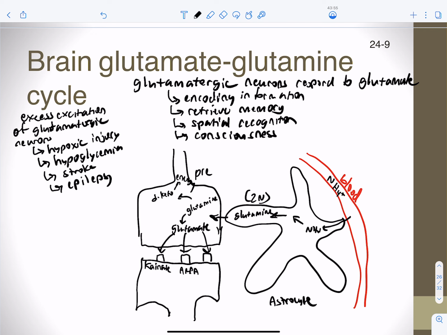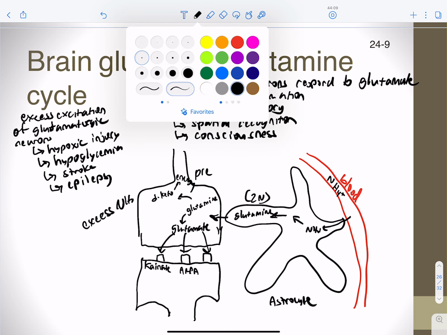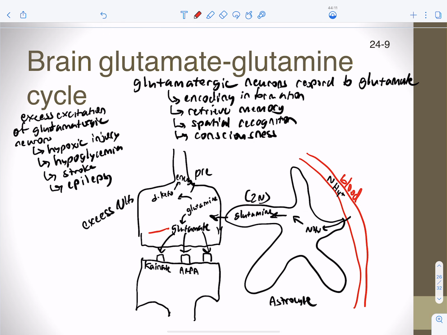But anyways, what's important here is that if you have too much coming in, so if you have excess nitrogen, then you're going to push glutamate to glutamine, and you're not going to have the neurotransmitters in excess nitrogen.